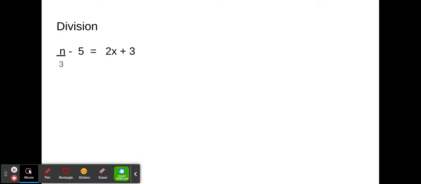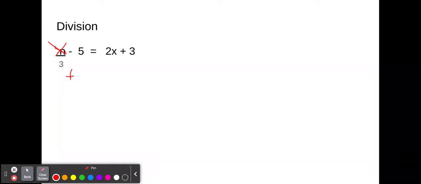Oops, I didn't end up using, let's call these both x, because I didn't mean to have two different variables. So we're going to call those both x's. But because of this fraction in here, I want to deal with that side first.